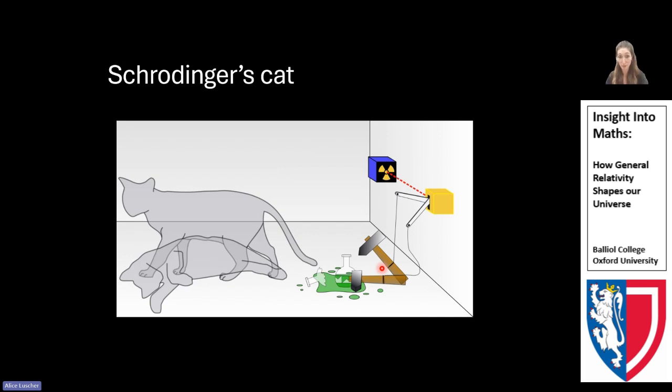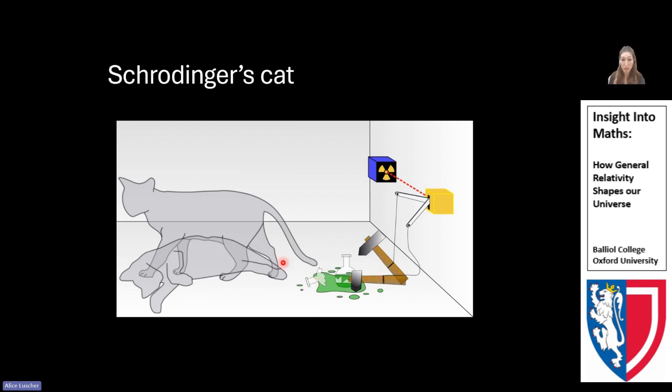No one put the cat in the box for real. And you put a bottle of poison with it, and there is this source of radioactivity that can emit a radioactive particle that would release a hammer that would break the poison, that would kill the cat. And so from a classical perspective, that means that the cat is either alive if the poison has not been broken, or dead if the poison has been broken.